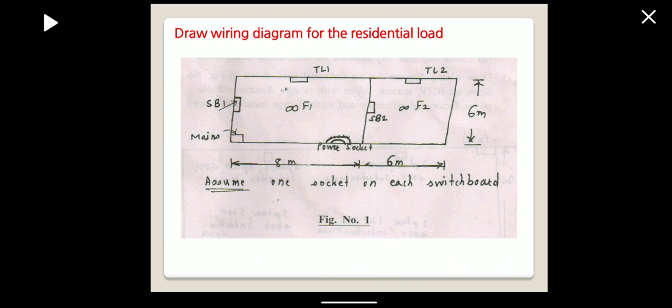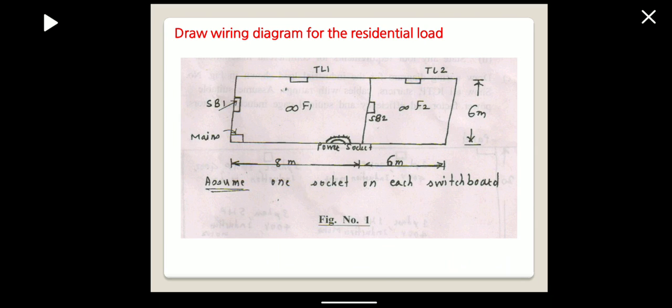This is the installation plan which is given in the exam or in the book. In this installation plan there are two rooms. The room size is 14 by 6, that means 8 meter and 6 meter. You should draw the wiring diagram for these two rooms.